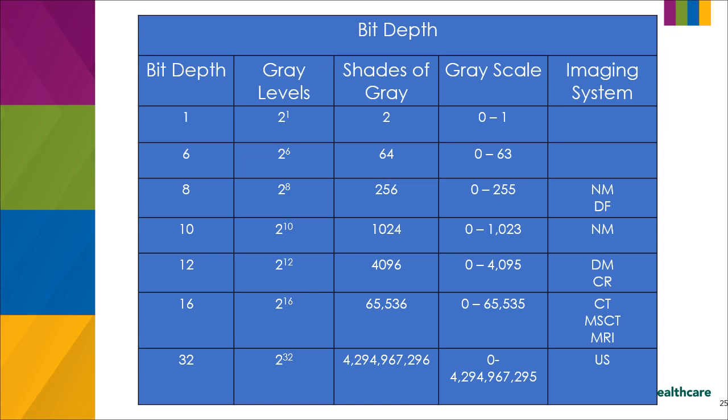A bit depth of 10 would be 2 to the 10th power, so that's 1024. So we'd have a grayscale of 0 to 1023. It also shows you which imaging systems we use for these. And what's very amazing is ultrasound. It has a bit depth of 32. So that's a very large number of gray shades.